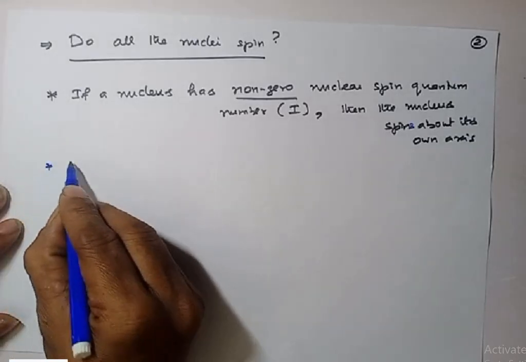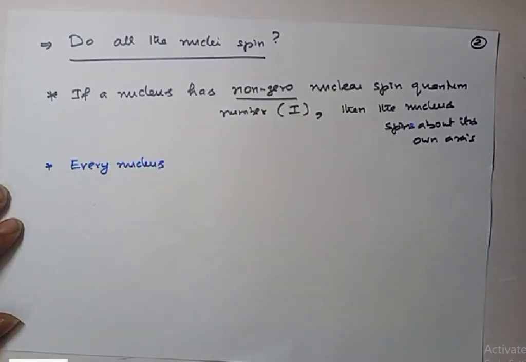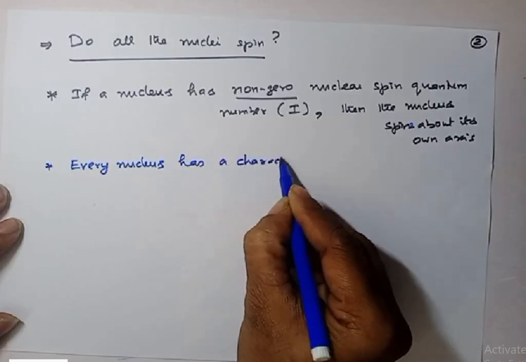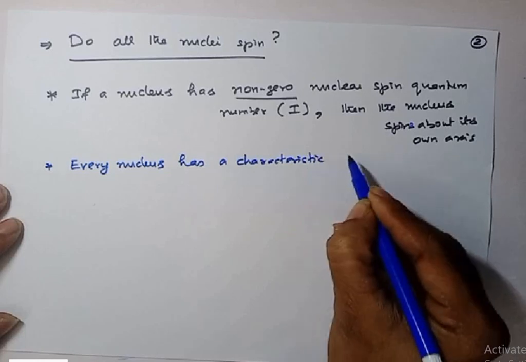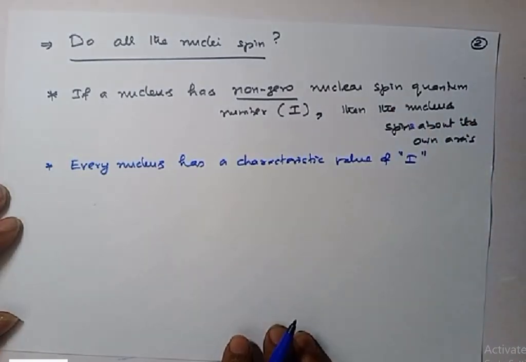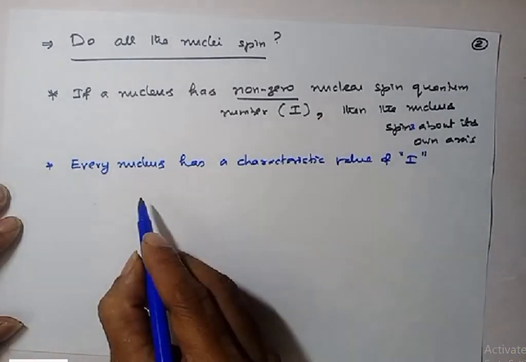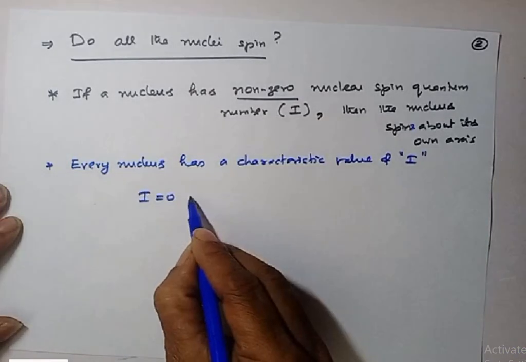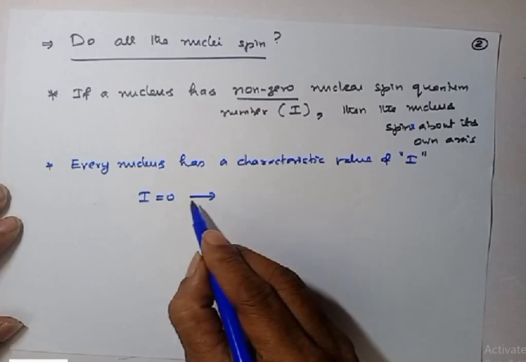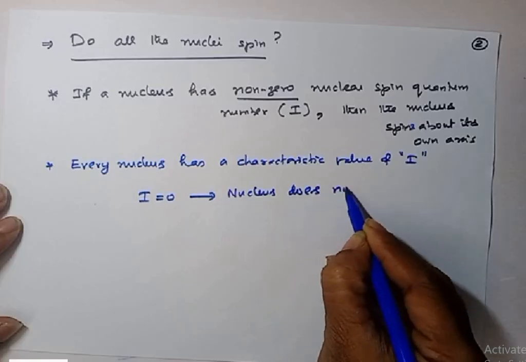Every nucleus has a characteristic value of I. I is called spin quantum number. Every nucleus has a characteristic value of I. If I is equal to 0, then that nucleus does not spin.